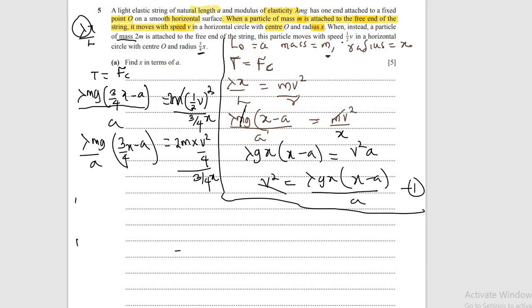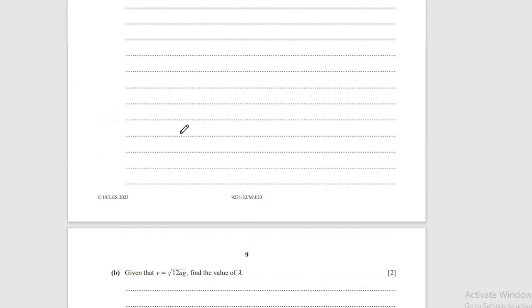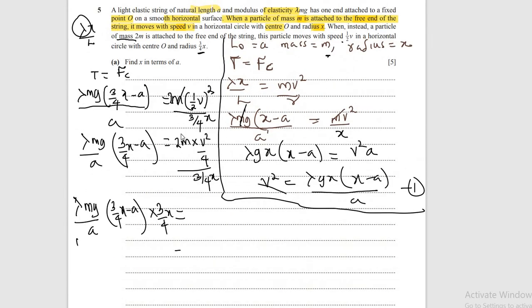When you cross multiply, we have lambda mg over a multiplied by bracket 3 over 4x minus a multiplied by 3 over 4x equal to 2mv squared all over 4.